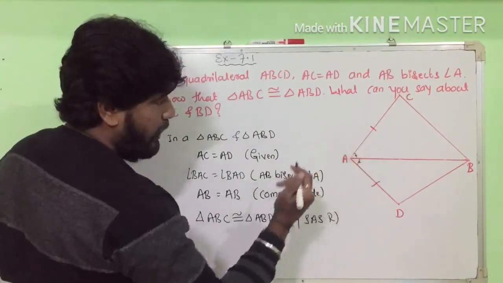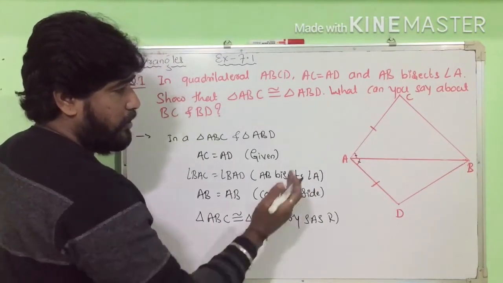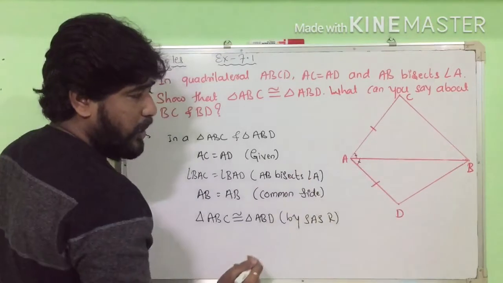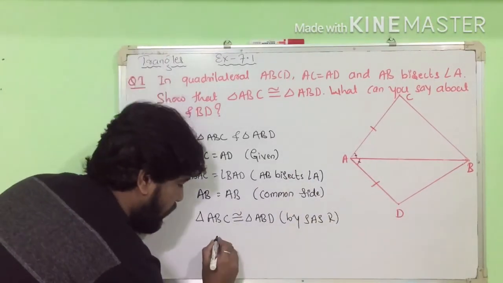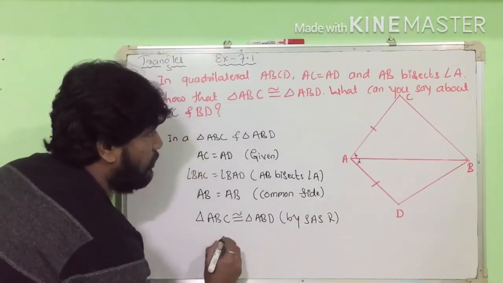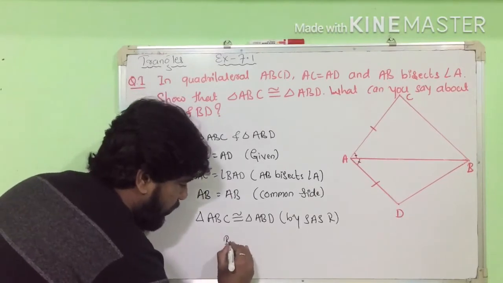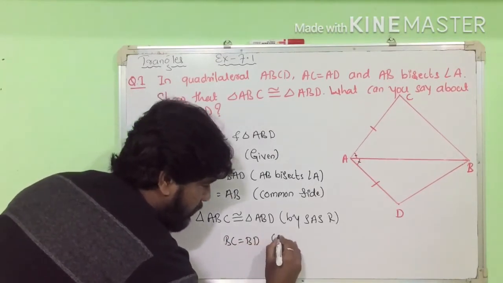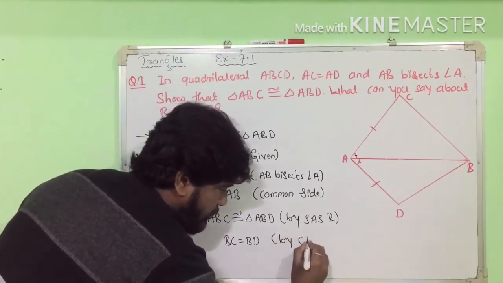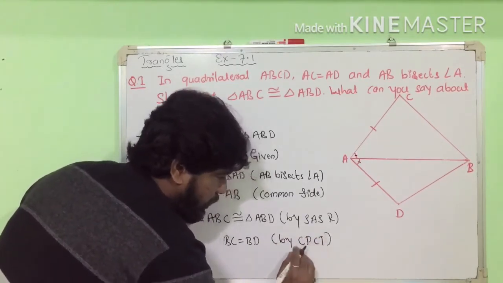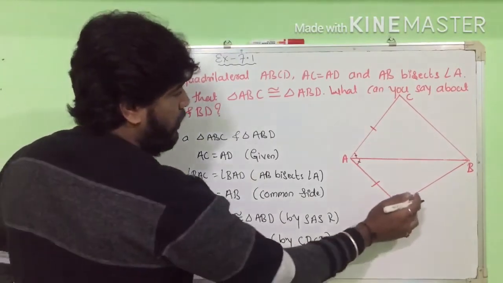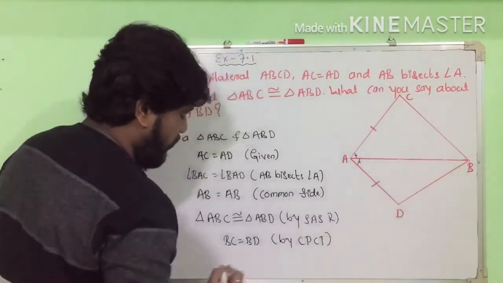Now these two triangles are congruent to each other, so their corresponding parts are equal, right? So we can write here which one? BC is equal to BD by CPCT, corresponding parts of congruent triangles. So now we know that BC is equal to BD.